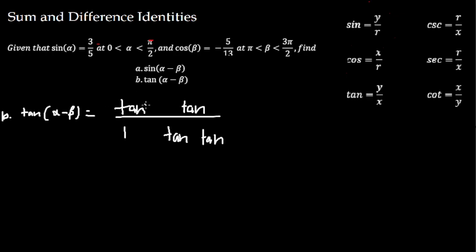The operation for the numerator will be the same as the one inside the parenthesis, and in the denominator, it will be the opposite. So it's plus. Now, let us look at the problem. Do we have a given tangent of... wait, we forgot to write alpha, then beta.